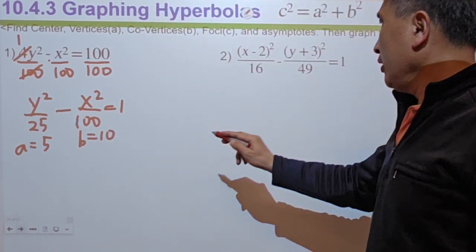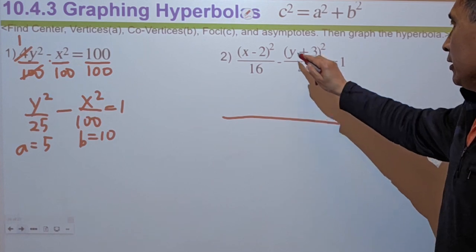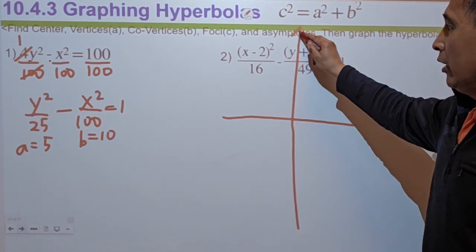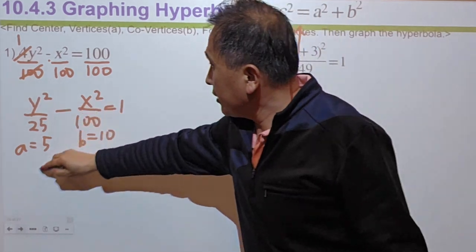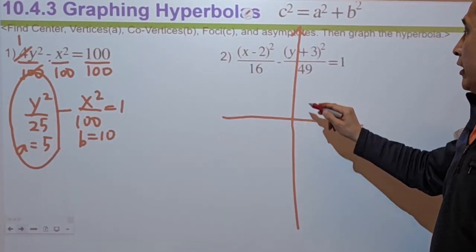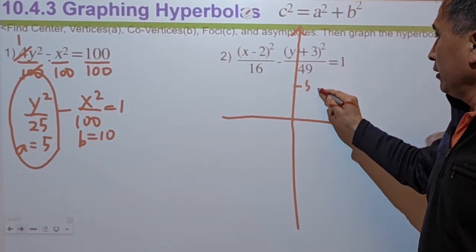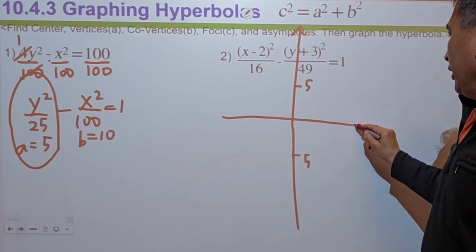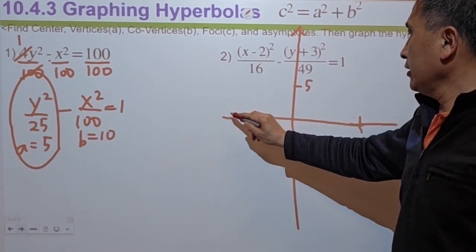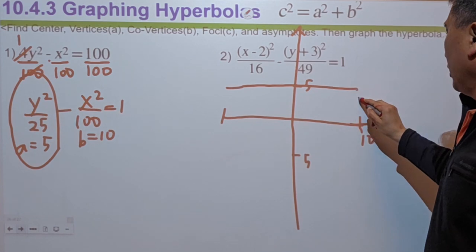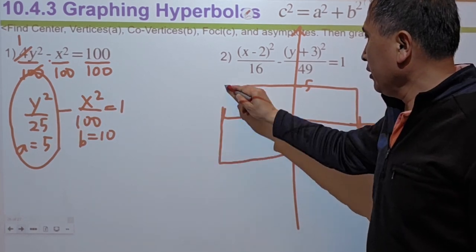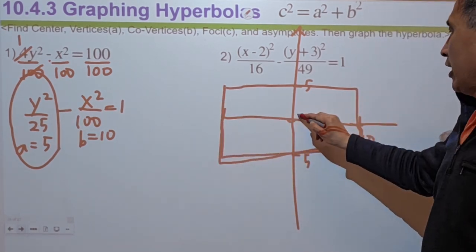So if we draw the graph, that's lovely. The y-axis, so the vertices are on the y-axis, 5 and -5. And then b is on the x-axis right there, 10. So if we draw the rectangle, it's like this, and this is the center.